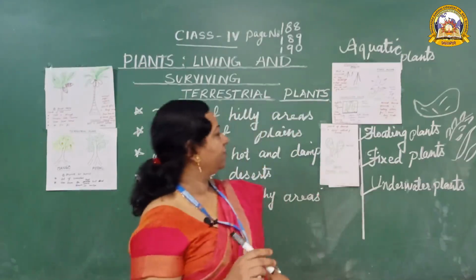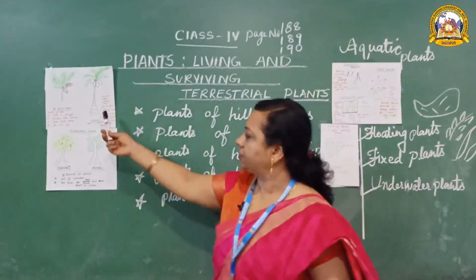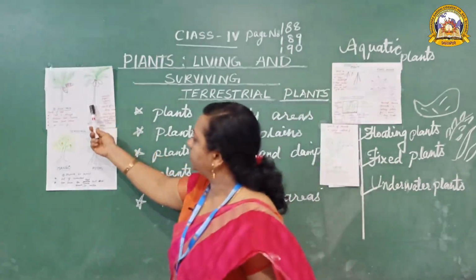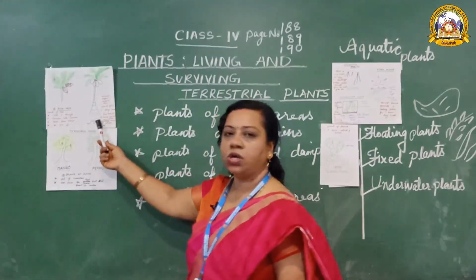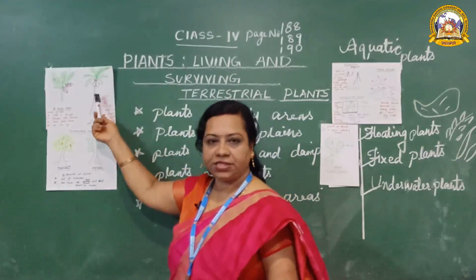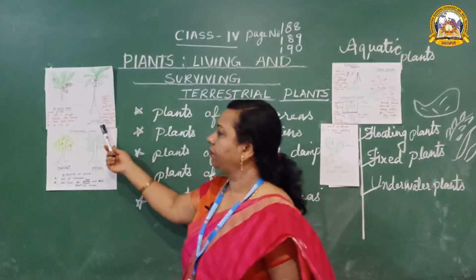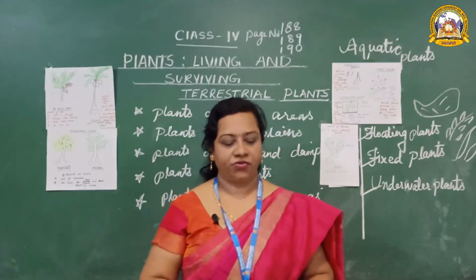Example is coconut. Which type of tree is coconut? See, coconut, papaya, rubber, tea. These are the examples of hot and damp areas. Trees have a lot of branches and they don't shed their leaves, and are known as evergreen trees.